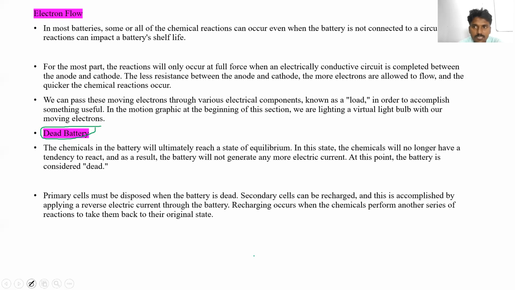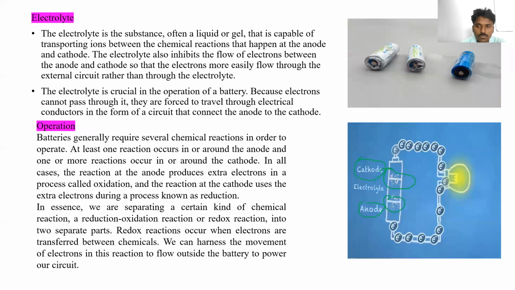So a dead battery is one where there is no chance of a chemical reaction, and it is not able to produce the flow of electrons, because no chemical reaction is going on between the anode and electrolyte.